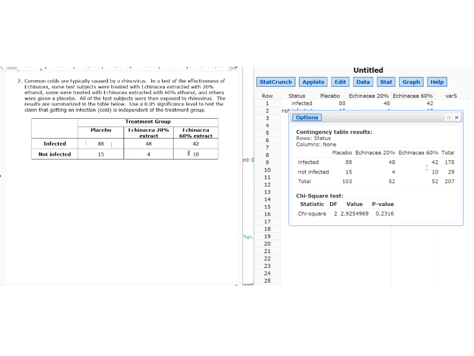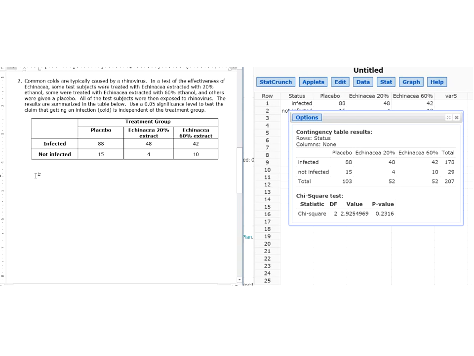Okay, so it should give us back our table. It also gives us a total row and a total column. And then it tells us our degrees of freedom. And this, where it says value, that's our test statistic, and our p-value is under p-value. So we have all the information we need.